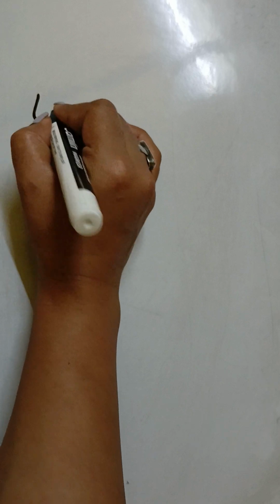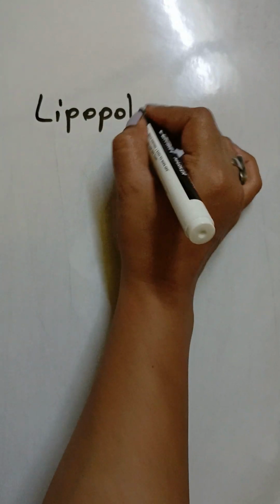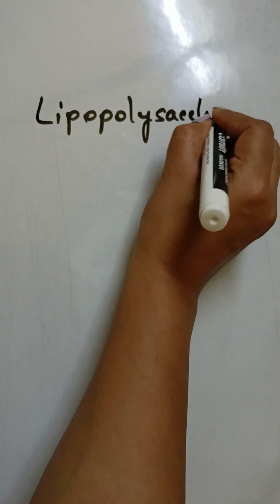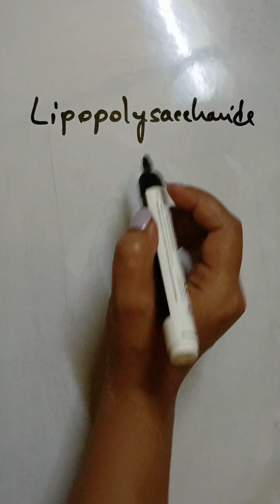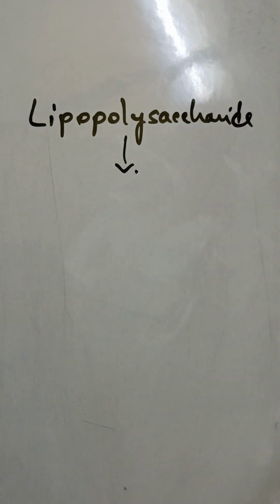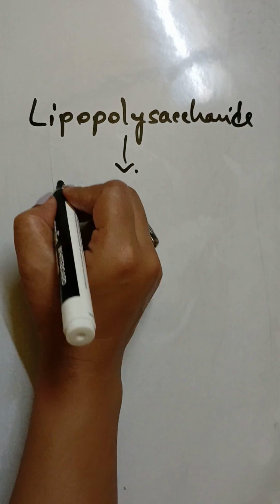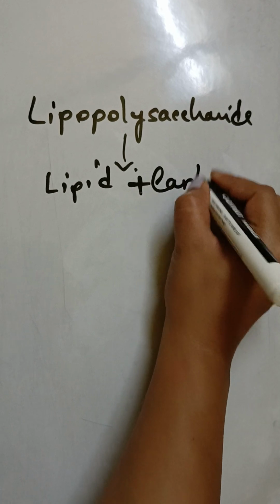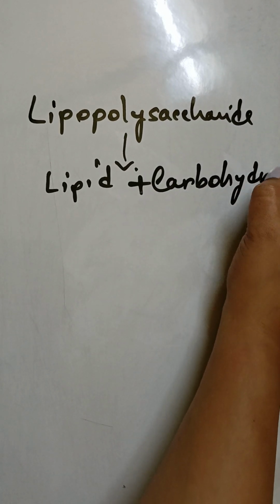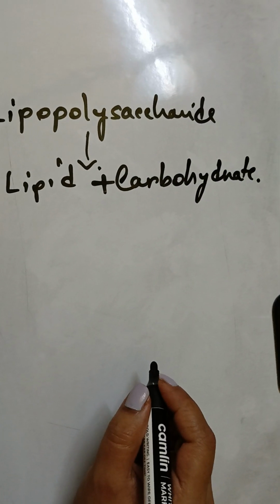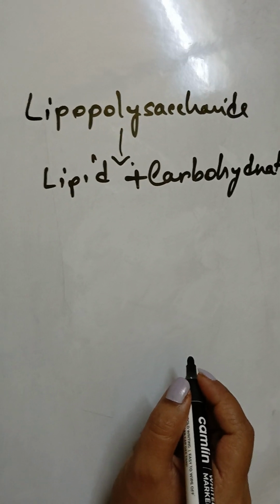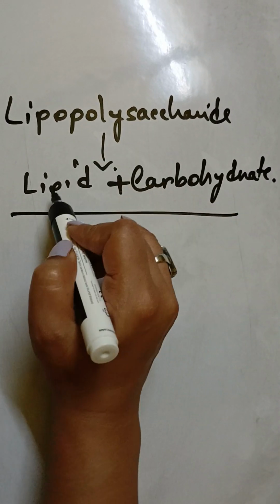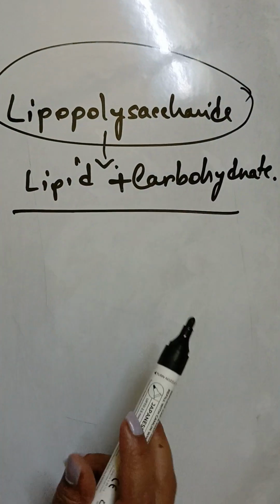Now, another major constituent, as I have mentioned, is the lipopolysaccharide. As it is indicated, there is the presence of both lipid and carbohydrate, which is why it is known as lipopolysaccharide.